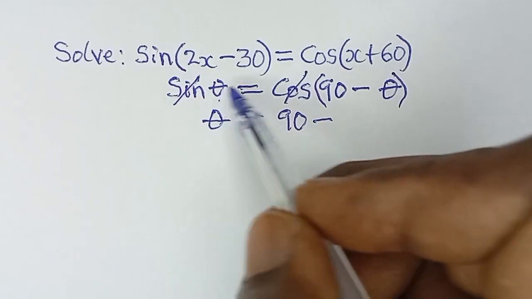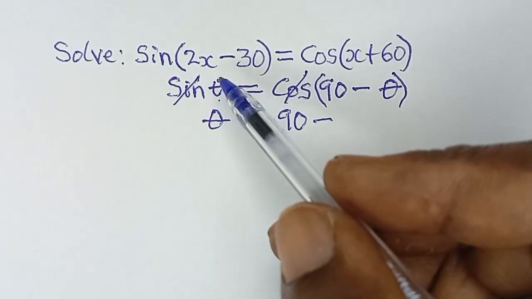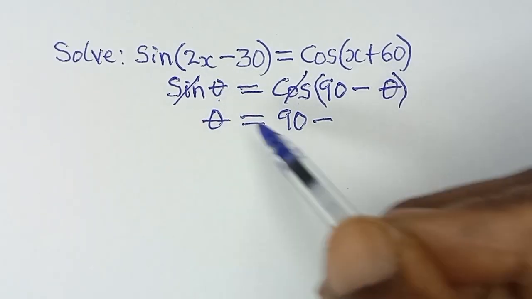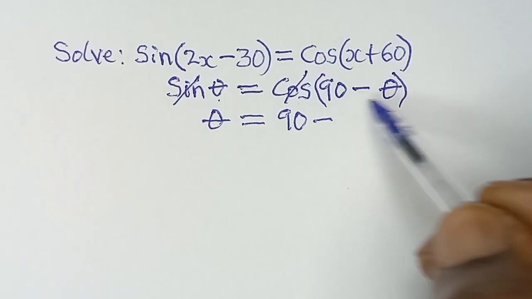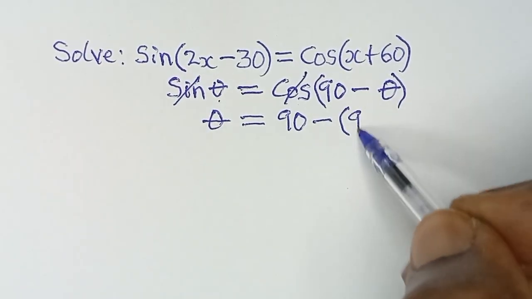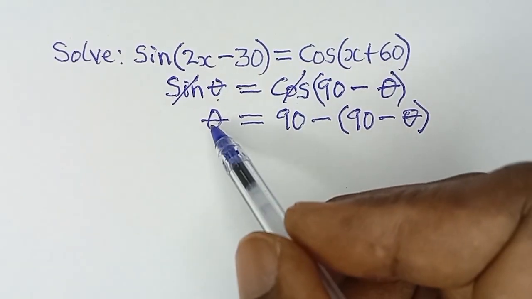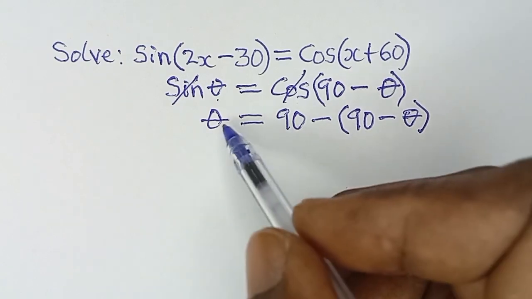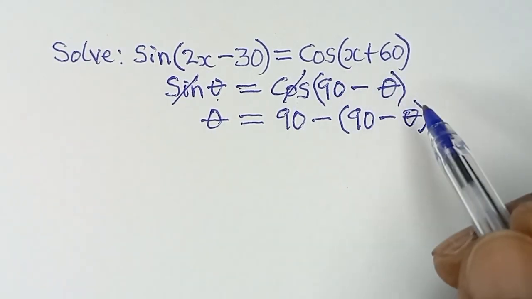If the sine of an angle is equal to cosine of 90 minus this angle, then you agree with me that we can show that this angle theta here is equal to 90 minus the angle that we have in front of the cosine. So it will be 90 minus (90 minus theta), because the sine of an angle is 90 minus whatever the cosine is.